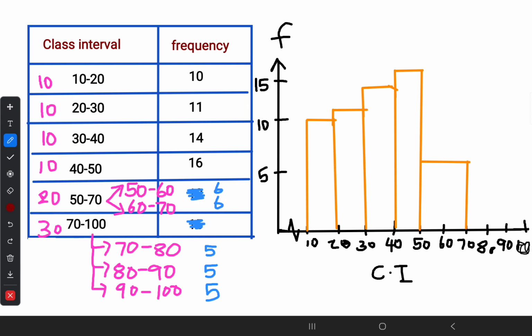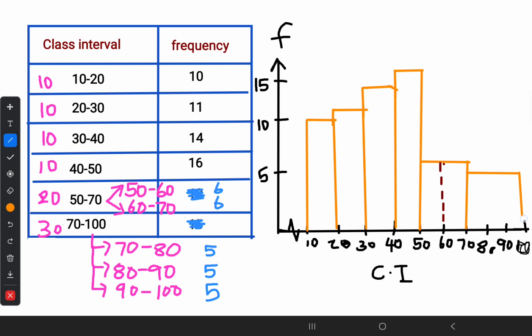And thereafter, to denote that these are two different ones, you should use dotted lines, not straight lines. You should use dotted lines to denote there were two single intervals together producing this combined block. Same thing you should do in the last case as well. 70 to 100. There the frequency is 5.